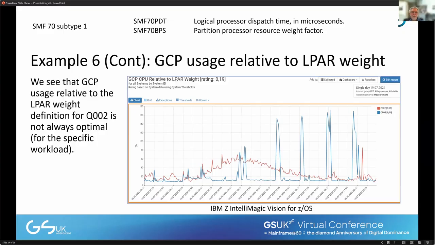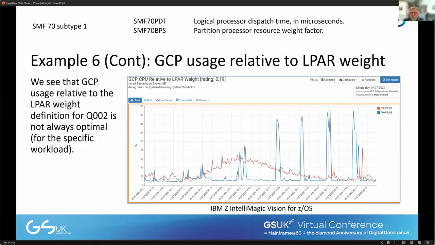Sticking with RMF data, we're now looking at a chart which is showing us the general CPU usage relative to the LPAR weight. And the reason I'm showing this is that we define our LPARs on the CEC, we give it a certain weight, which means it has a relative weight to the other LPARs, and we assign logical processors.